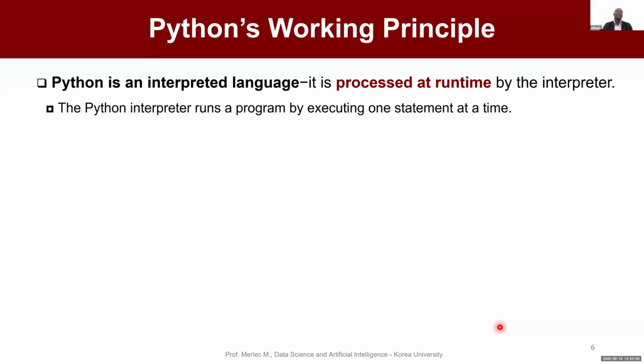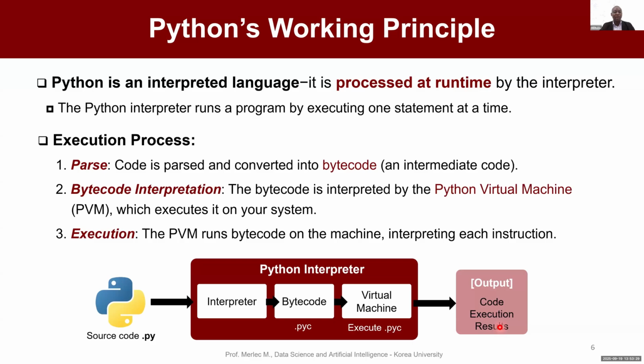So that's why it is qualified as an interpreted language. Compared to other programming languages, which are compiled languages, where you have to compile the whole source code before you use it, Python is interpreted line by line, executing instructions one by one.